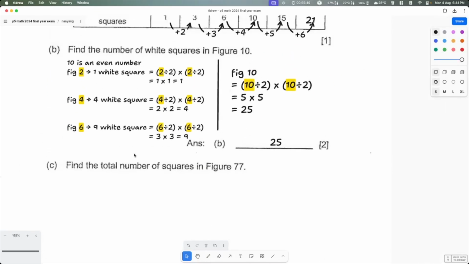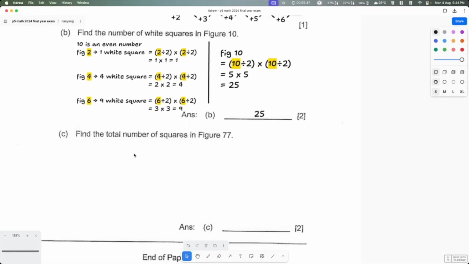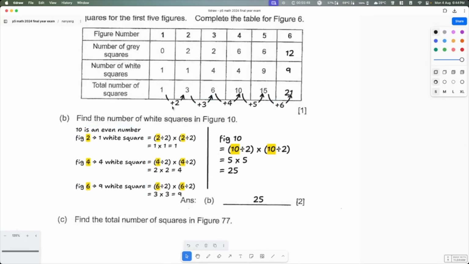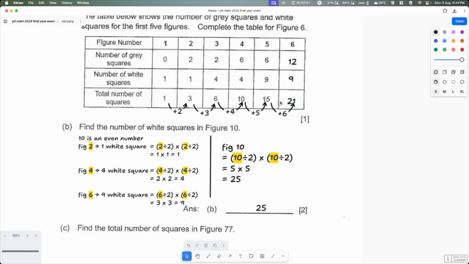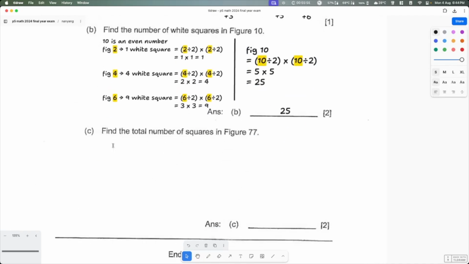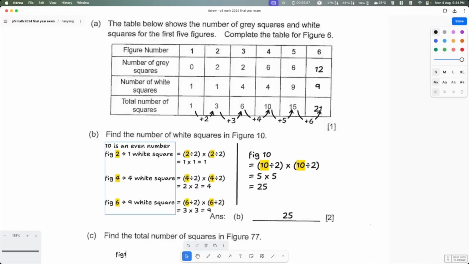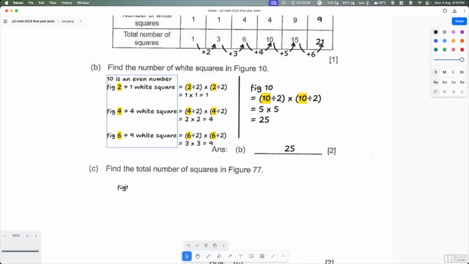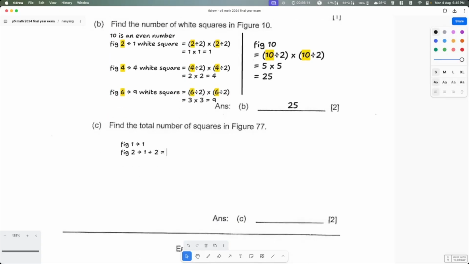Find the total number of squares in figure 77. So in total, you see 1, 2, 3, 4, 5, 6. We just add accordingly. For figure 1, it is just 1. Figure 2 is 1 plus 2, which is equal to 3.